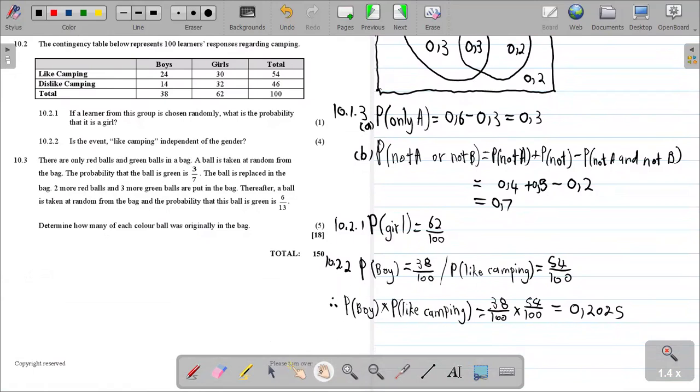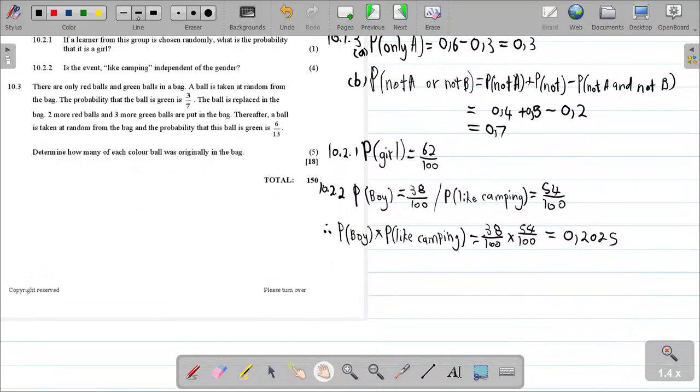So the probability that he's a boy and likes camping is equal to 24 over 100 from the table. So equals 0.24.